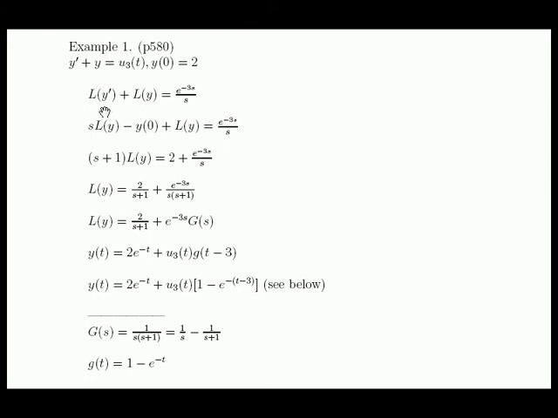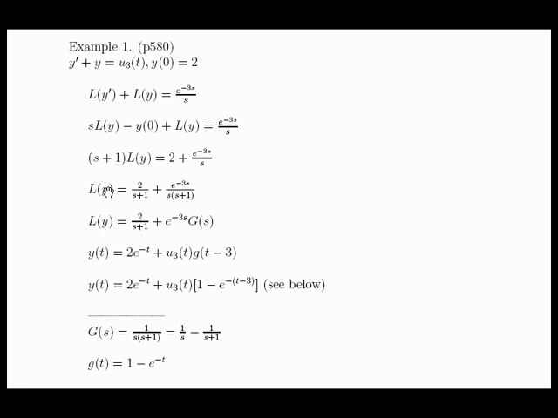Then the Laplace transform of y prime, as always, is s times the Laplace transform of y minus y of 0, which is 2. So we have s plus 1 times the Laplace transform of y, and the 2 goes on the other side, and we've still got this. Divide by s plus 1: 2 over s plus 1, plus e to the minus 3s over s times s plus 1. So this part's always easy, but now the hard part begins.